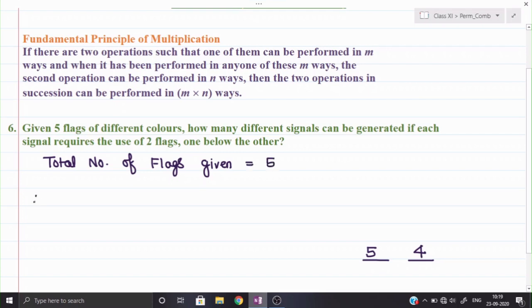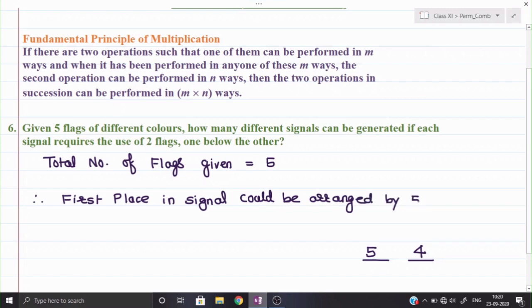So we can say that therefore the first place in the signal could be arranged in 5 ways, and the second place in 4 ways.